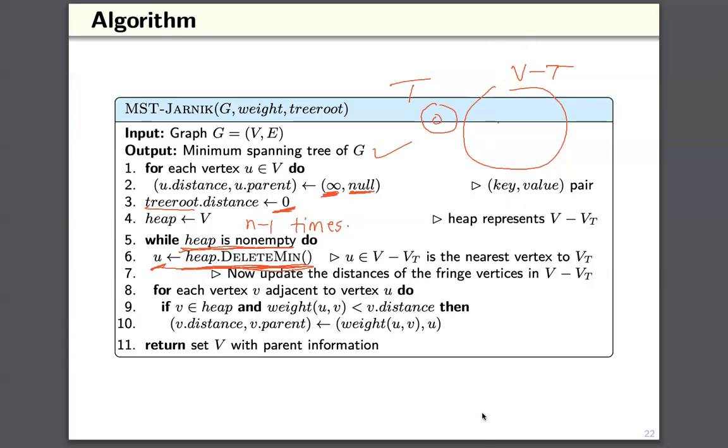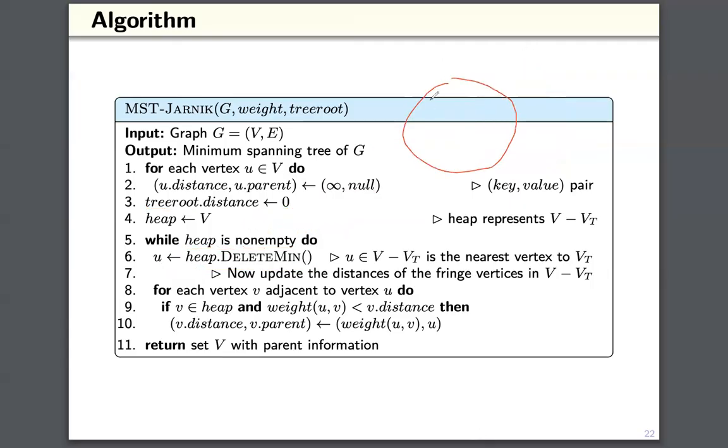Okay, let me draw an expanding tree. When you call this delete min, it will give you one vertex that is nearest to this tree. Nearest vertex to tree, right?